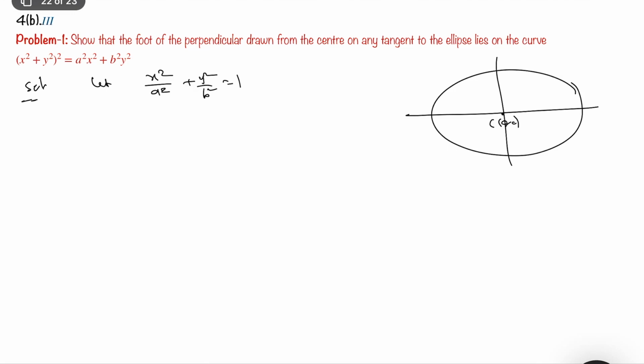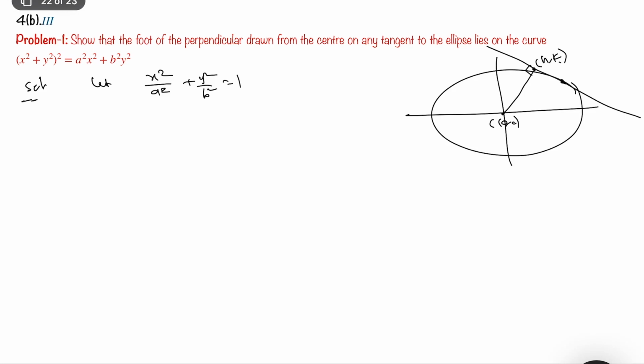Now, if I draw a tangent at this point, let us say this is a tangent, then the foot of the perpendicular from this center to this tangent will be somewhere here, let us say h comma k. Now I have to show that the locus of this point h comma k will be this curve (x square plus y square) whole square equals a square x square plus b square y square.